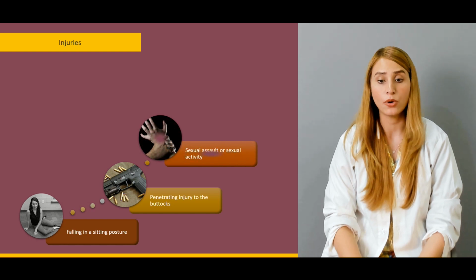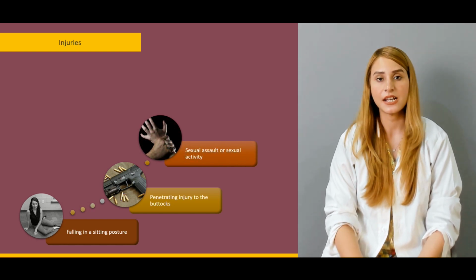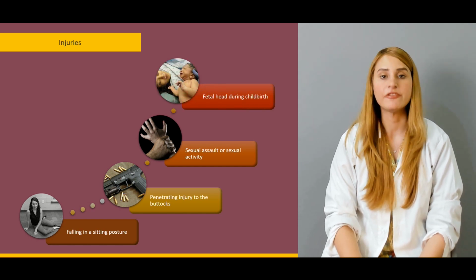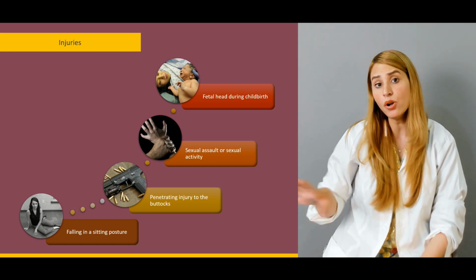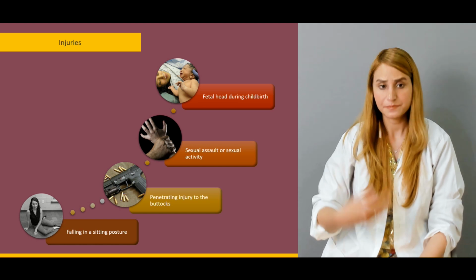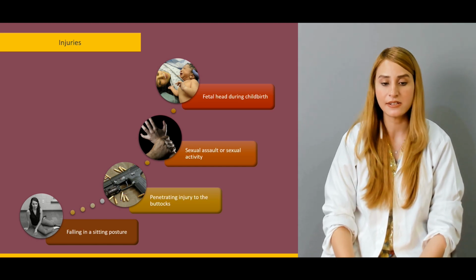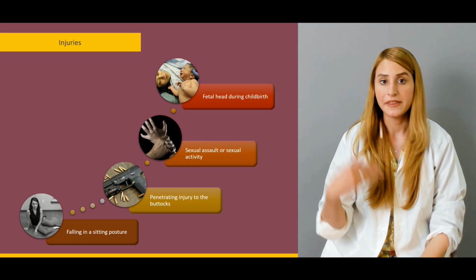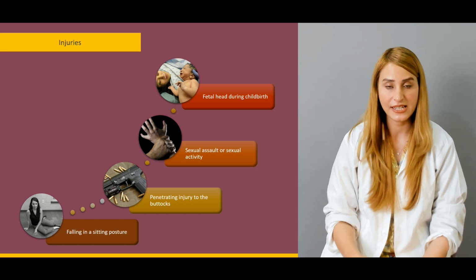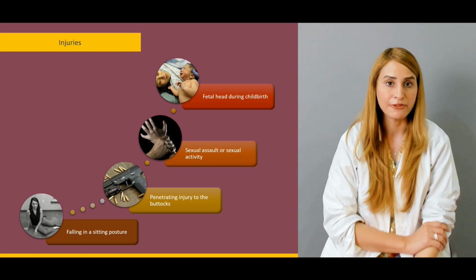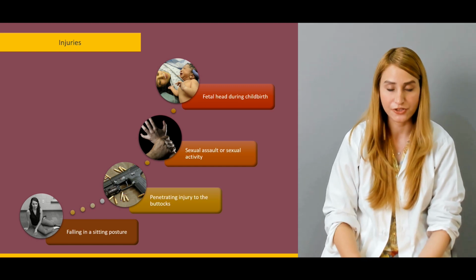And also there can be penetrating injuries to the buttock, or there can be a history of sexual assault or sexual activity, or there can be fetal head during childbirth. So the history of the patient is very important, because all these things can lead to rectal injuries: falling in a sitting posture, penetrating injuries to the buttock, sexual assault or any kind of sexual activity that can damage the rectal mucosa, or fetal head during childbirth.